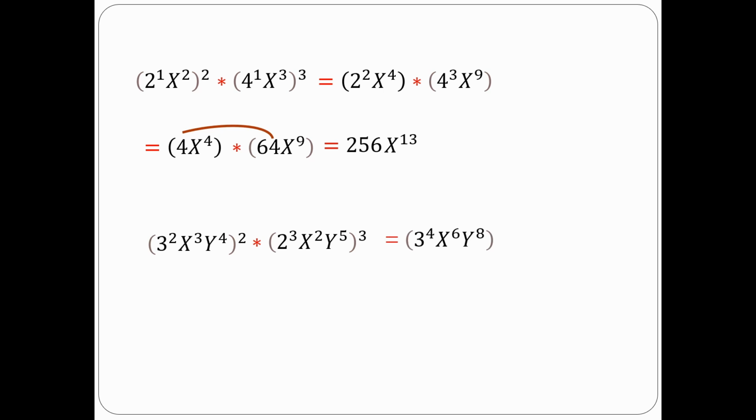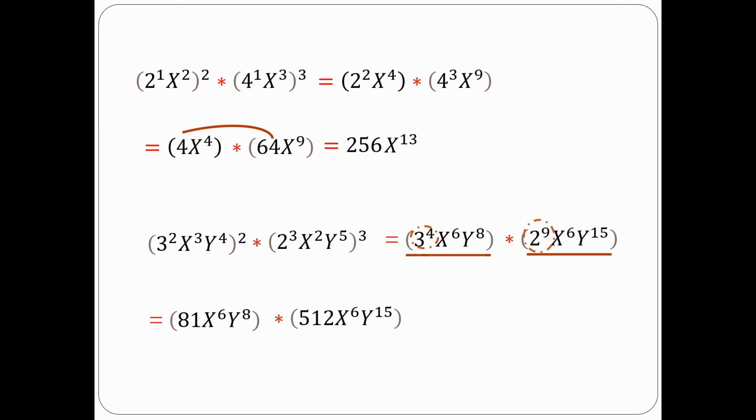This will give you 3 to the fourth, x to the 6, and y to the 8th power, times 2 to the 9, x to the 6, y to the 15. And so this is equal to 81x to the 6, y to the 8, times 512 x to the 6, y to the 15.